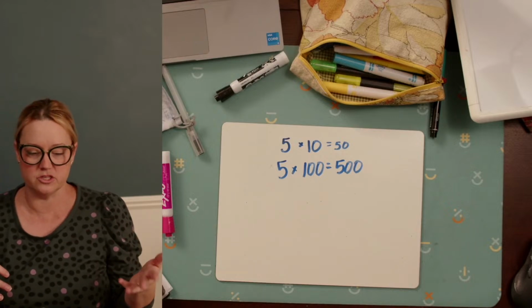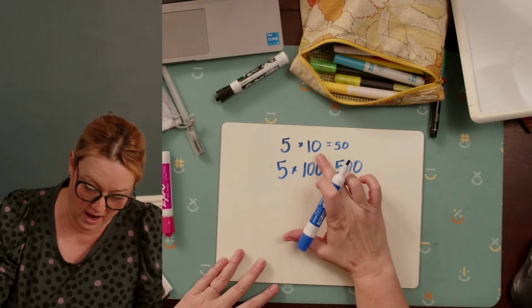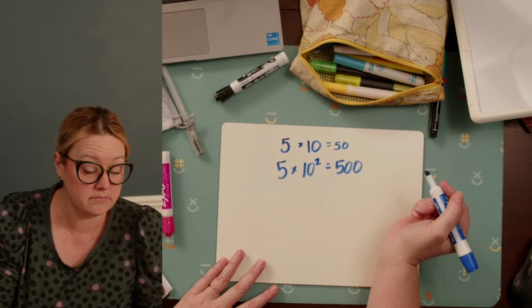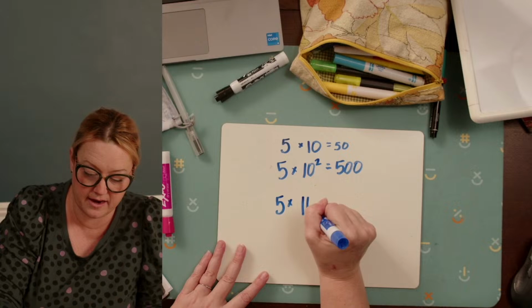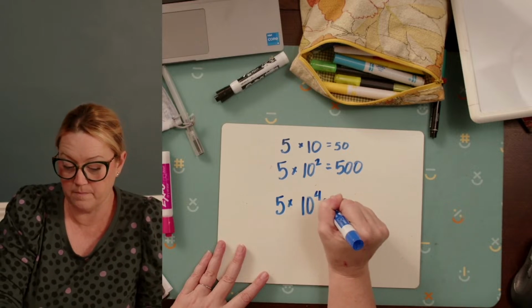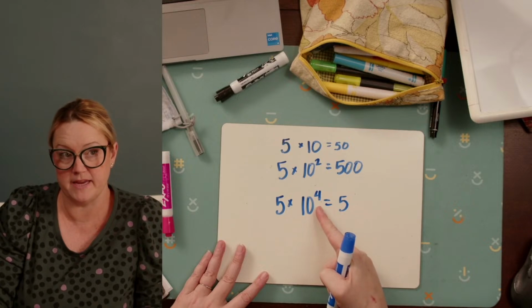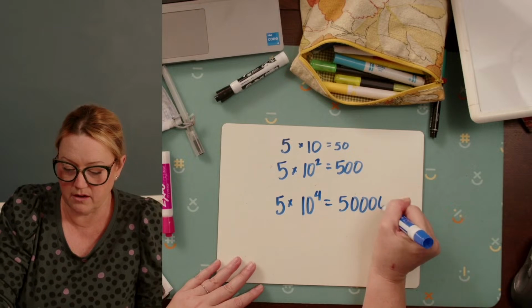I'm using this to avoid writing really, really big numbers, right? So instead of writing 100, I would write 10 squared. Or I could do 5 times 10 to the 4th, and that would mean I move my decimal over 4 spaces, because that would be 4 zeros. So that's 1, 2, 3, 4.